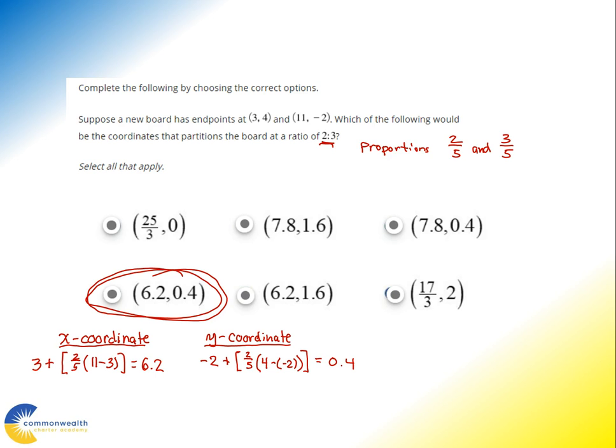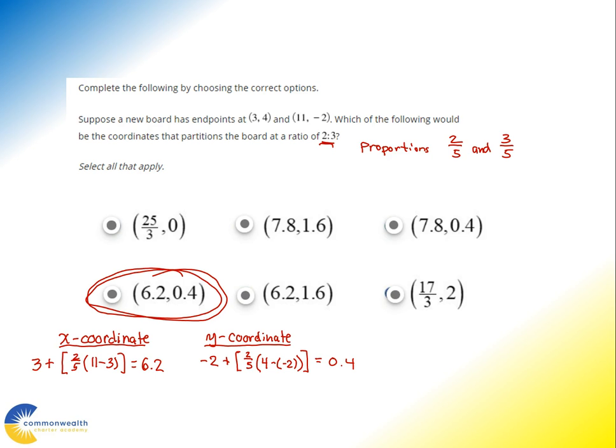And then I took the smaller y coordinate, in this case -2. Notice they were in different pairings. I just want to make sure I know which one is the furthest left and which one is the furthest right when I do x's, so that I'm adding to the one that's furthest left. And when I look at the y coordinates, I'm looking at which one's on the bottom of the segment and which one's on the top, and I'm going to add to the one that's on the bottom.